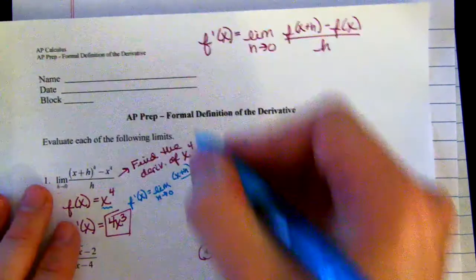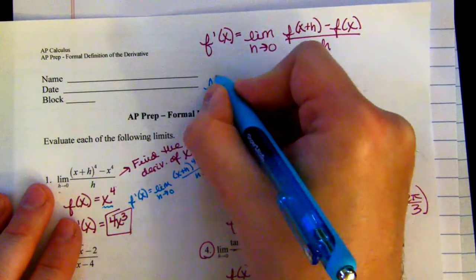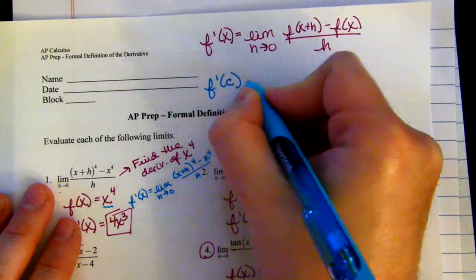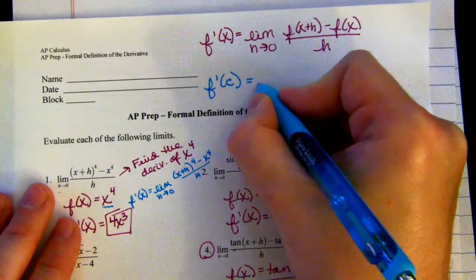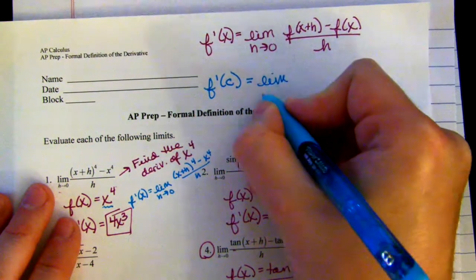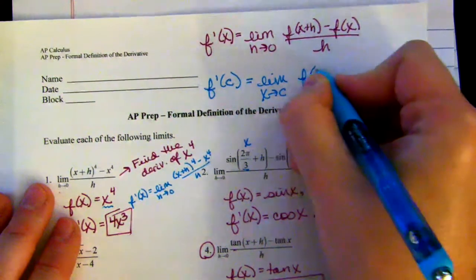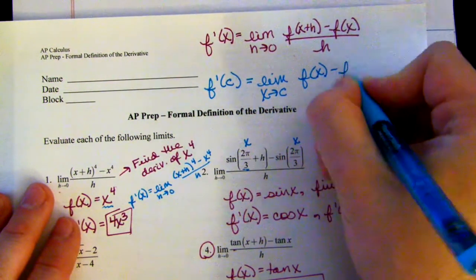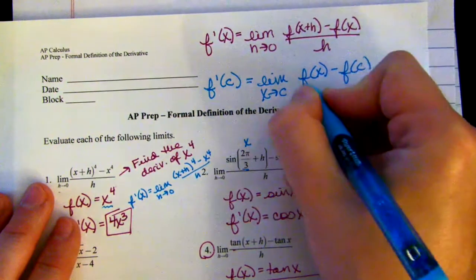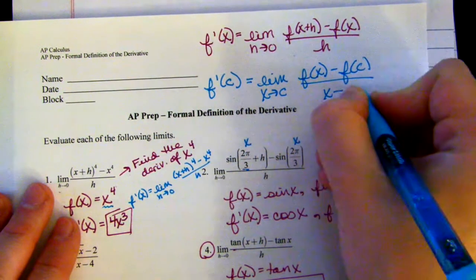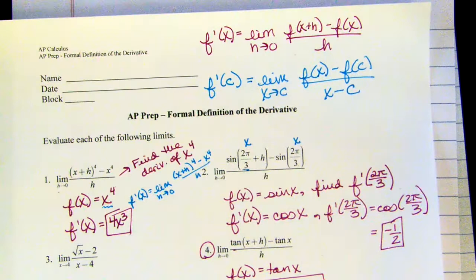Our alternate definition says f prime of c, the derivative at a particular x value, equals the limit as x approaches c of f of x minus f of c over x minus c, which is exactly the form that I see in problem 3 and in problem 6.